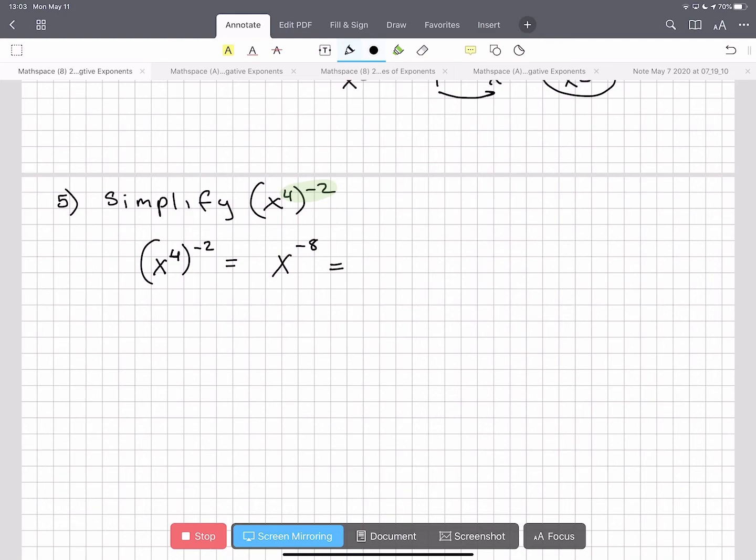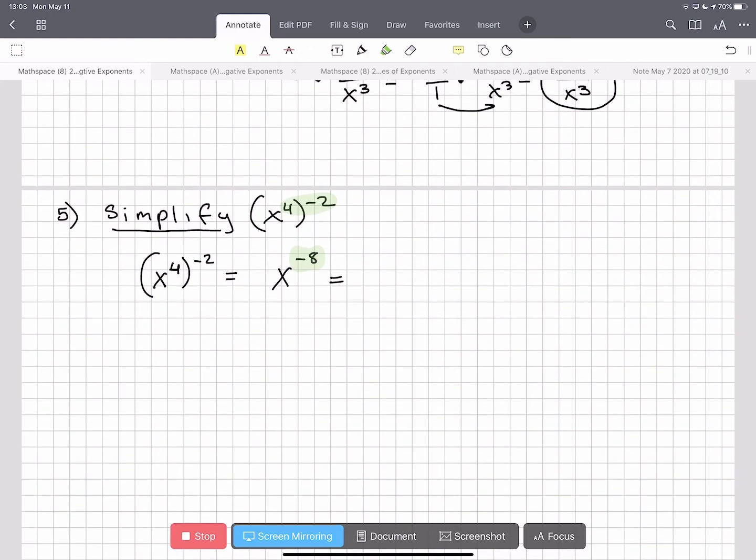And to simplify it, we need to have a positive exponent. That's typically what we mean by simplify. We always want a positive exponent. Well, that -8 tells us it's a reciprocal, and it's going to be 1 over x to the 8th.